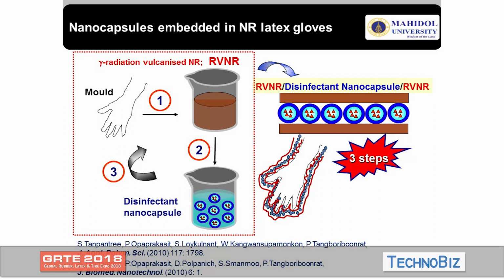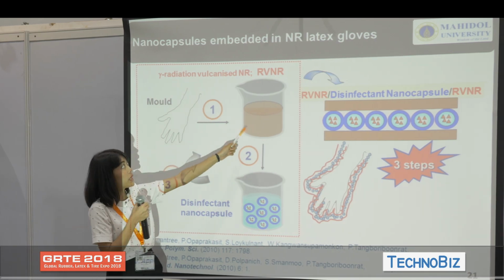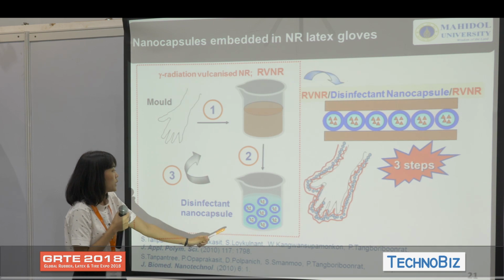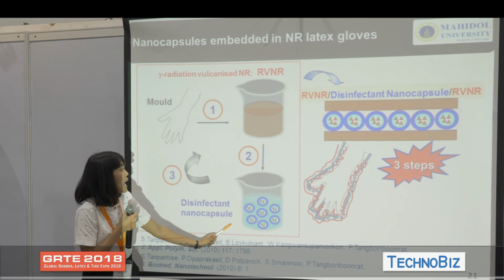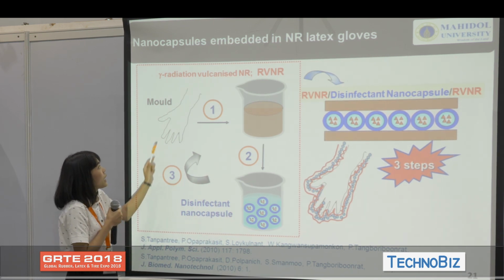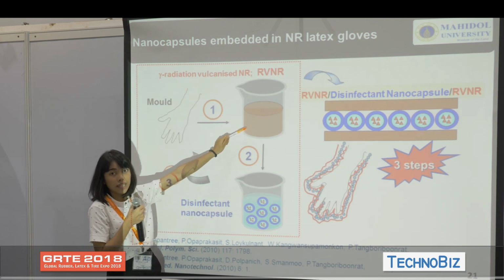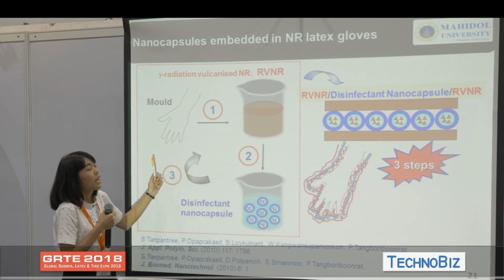From our research, we can prepare the glove containing disinfectant nanocapsules in only 3 steps. First, the mold was dipped into gamma radiation vulcanized NR, or RVNR, then into disinfectant nanocapsules in the second step, and into NR latex again in the final step.